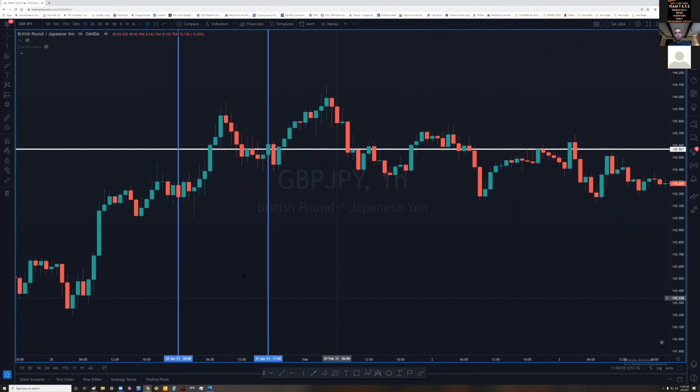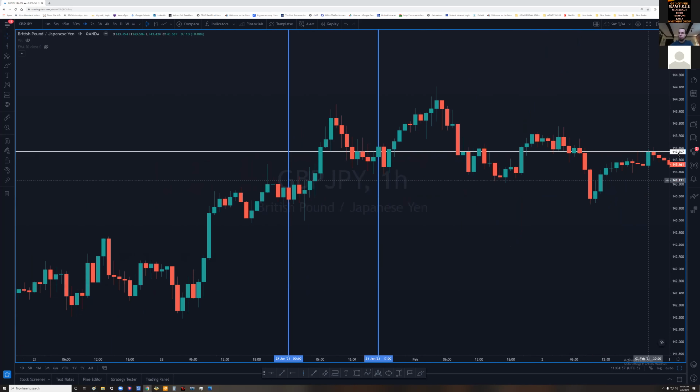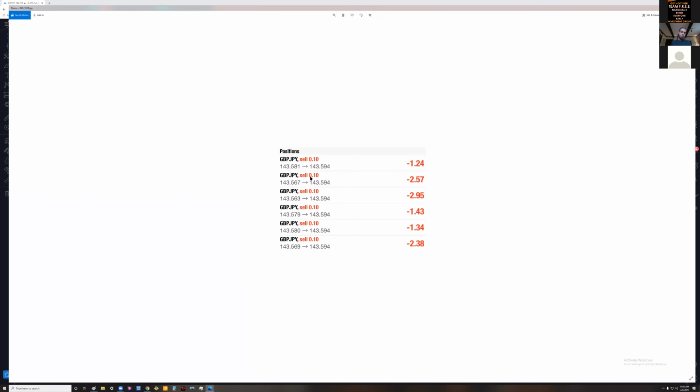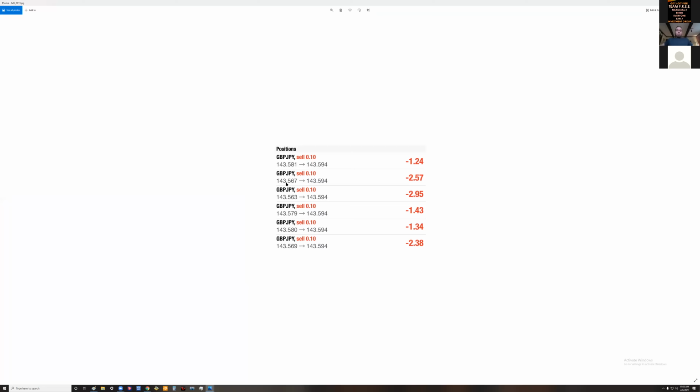I don't know when they were in the trade or not, but we got in at 143567. That's this one, 143567. I use that one. And they got out of the trade at 143594, which is right about 2.7 pips.